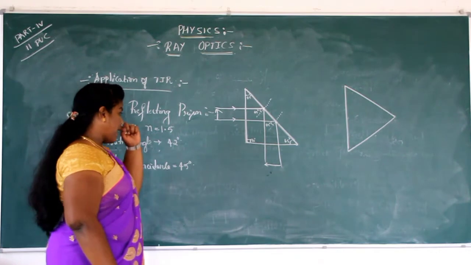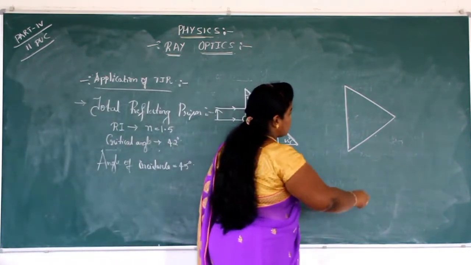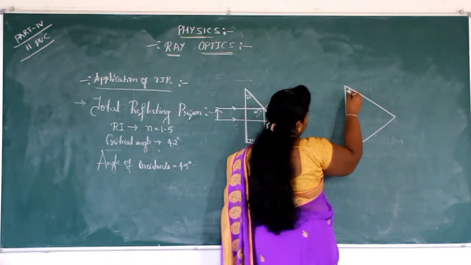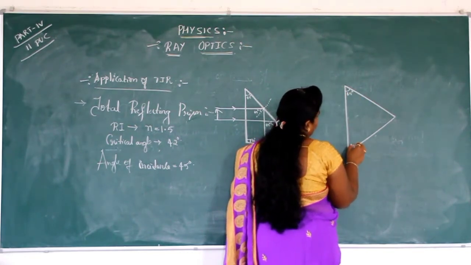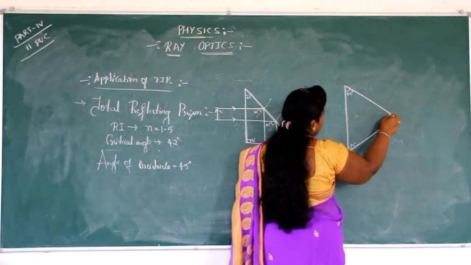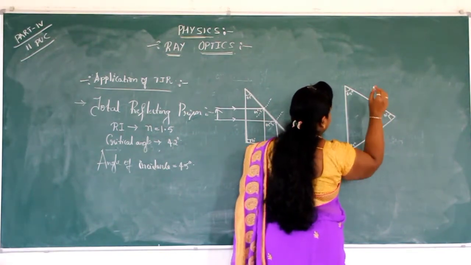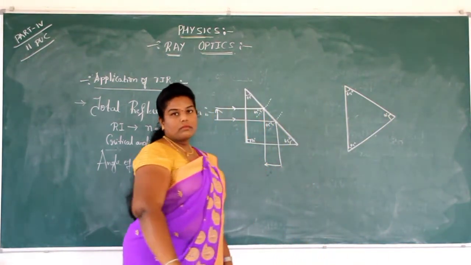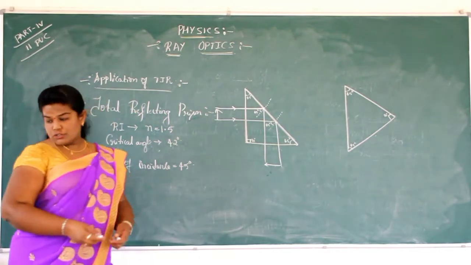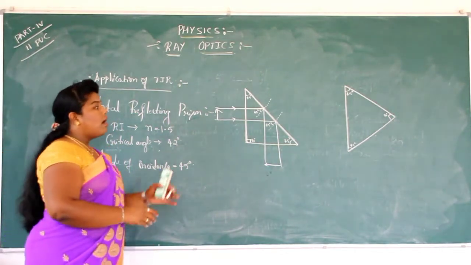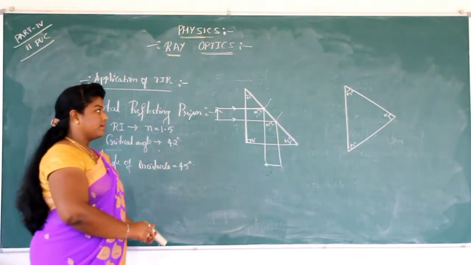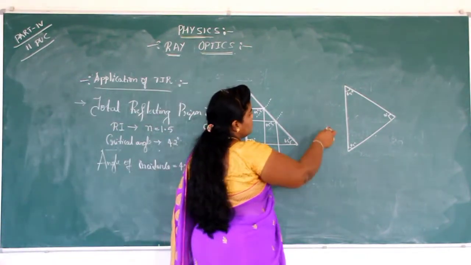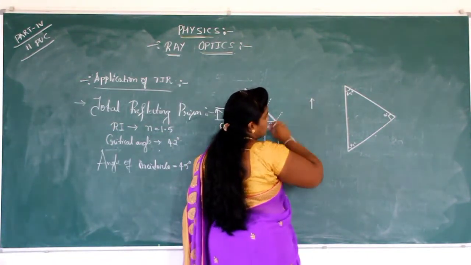Here again I have drawn the same isosceles right-angled prism, which has two angles of 45 degrees each and one of 90 degrees, right? Now let us allow the ray of light to fall on the prism we place here. Now I am going to consider an object which is present here.